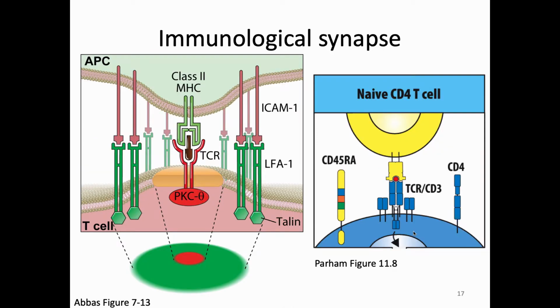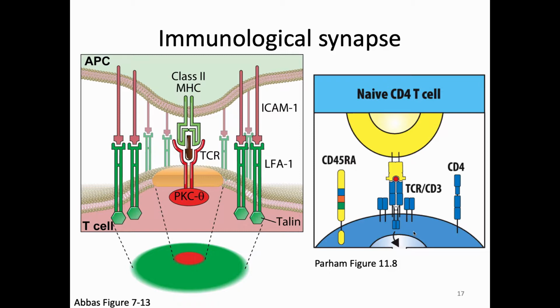This also is pretty cool in another way. When we put our T cell and our antigen-presenting cell together, you can see that in the area where the 2 are close together, they're close together.